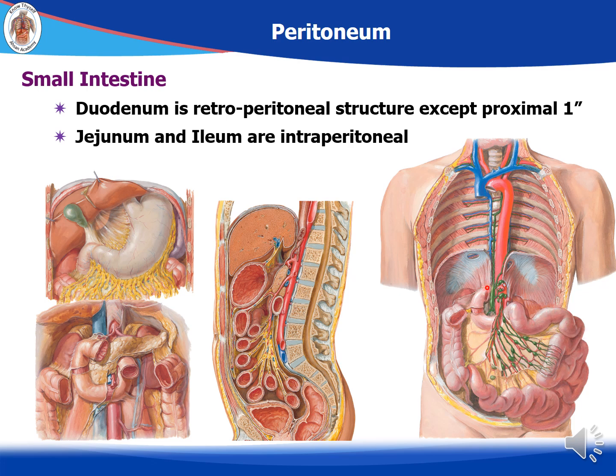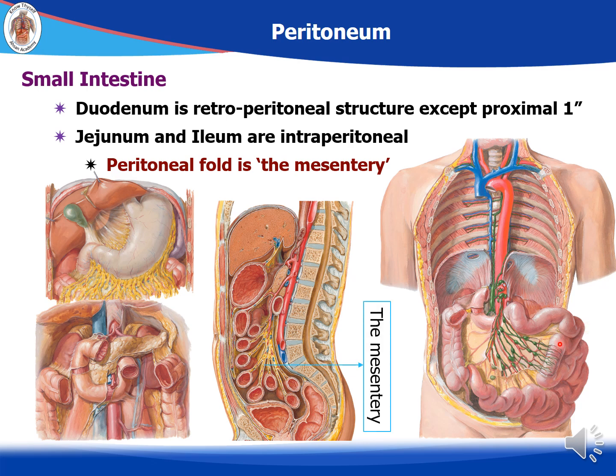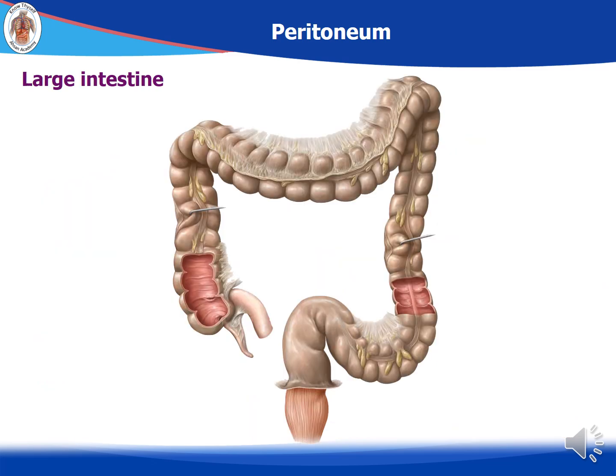This is the small intestine, most of the part except the duodenum. The duodenum is fixed to the posterior wall. So these are intraperitoneal, covered by the visceral peritoneum, and from the border to the root, it is connected by the mesentery. So this is known as the mesentery.